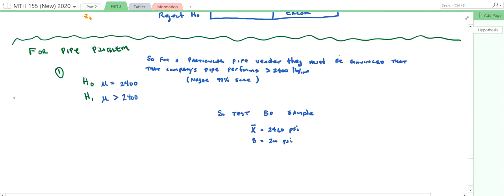Okay, and then we want to be 99% sure, so we want to do this at a level of significance alpha equals 0.01. So I'll put in parentheses here, we call this our level of significance.